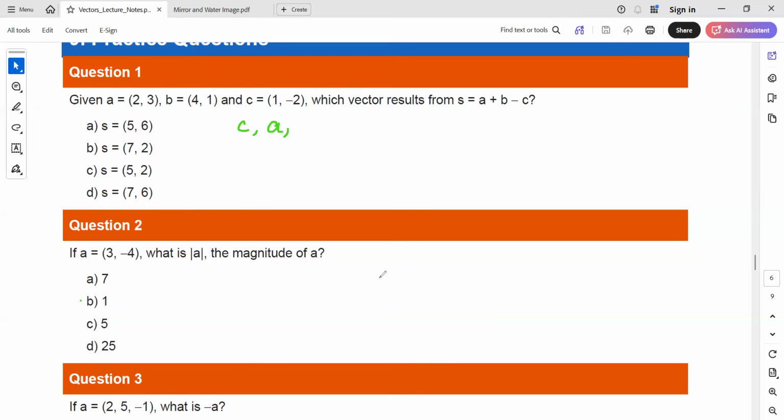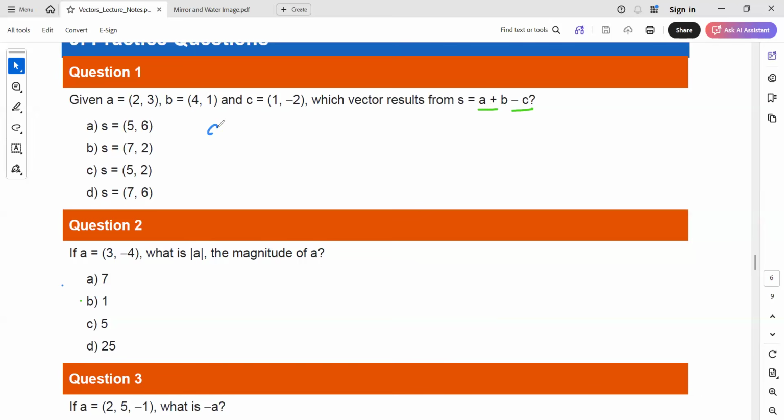I think A. Yes, sir, I didn't observe the minus. Okay, so in subtraction, we will directly sum.